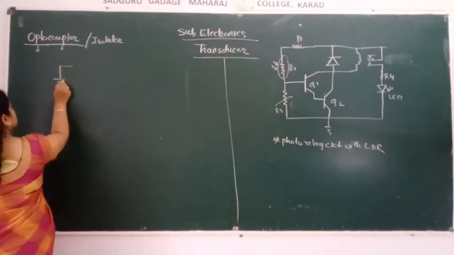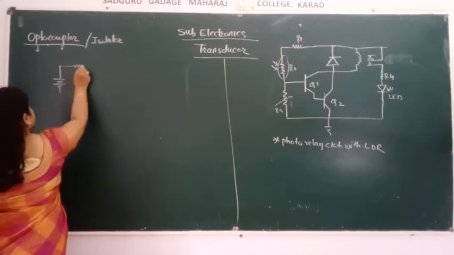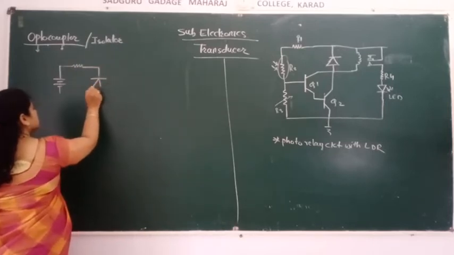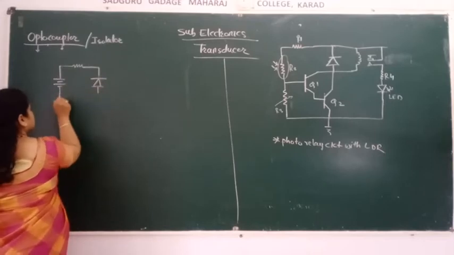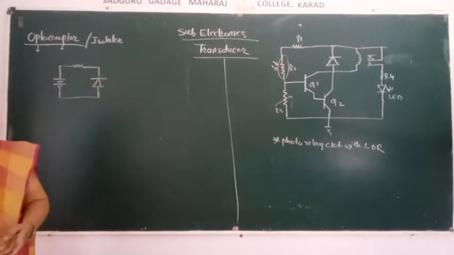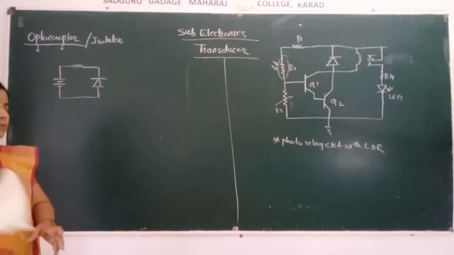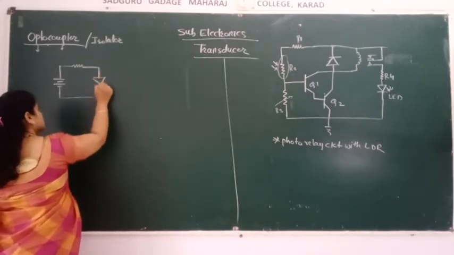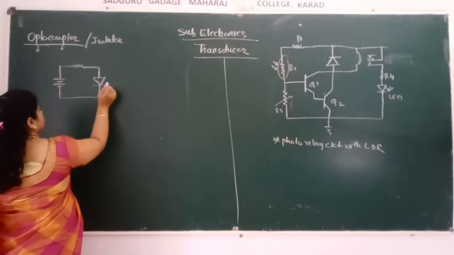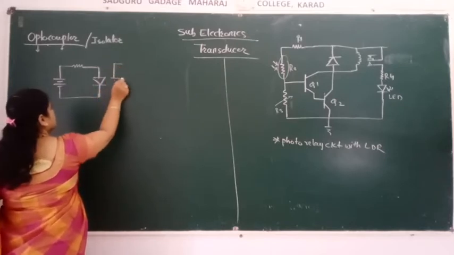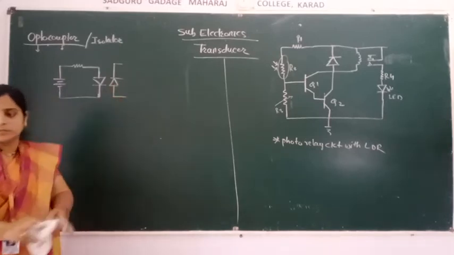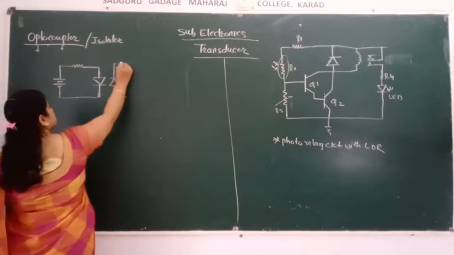Suppose this battery is there, one resistor is connected, then I will use here one LED, like this. And here I am connecting one photodiode, which is in the reverse form.